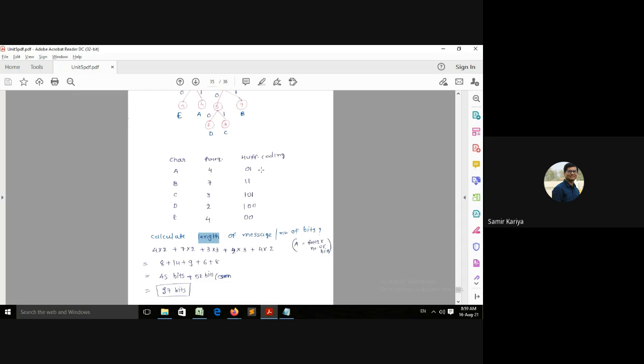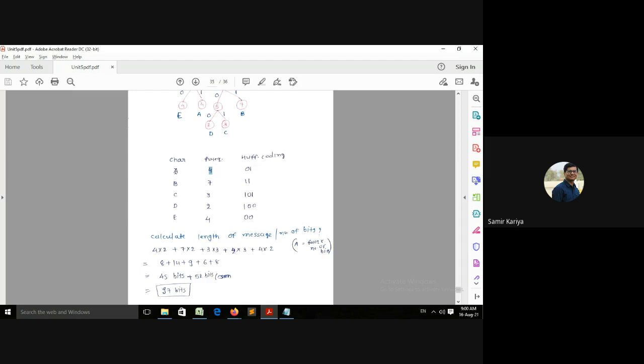It may be 2 bits for one character, 3 bits for another character. After creating this table, count this frequency also. In the whole message, you are sending this letter 4 times because the frequency is 4.